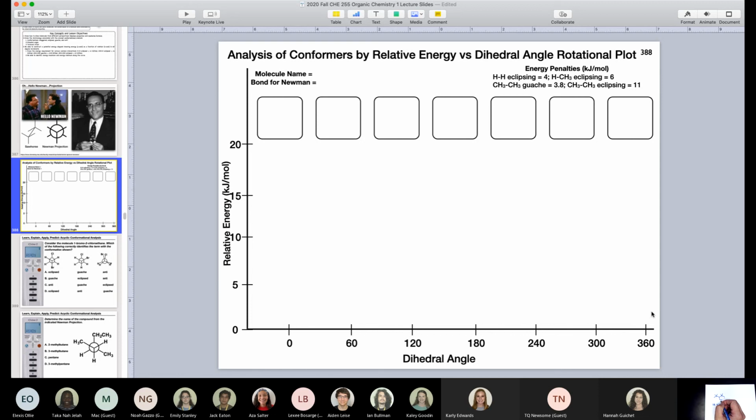Okay, yeah, so they're looking down. They're drawing it in the book this way specifically, and they're telling you to look down this bond.